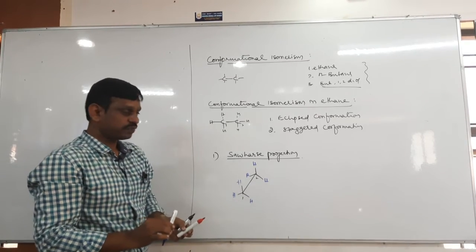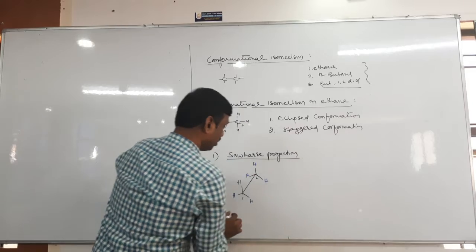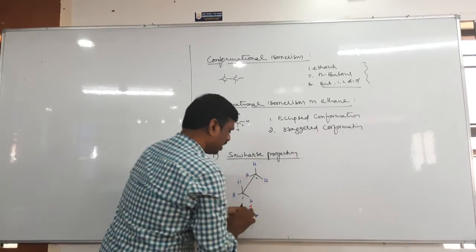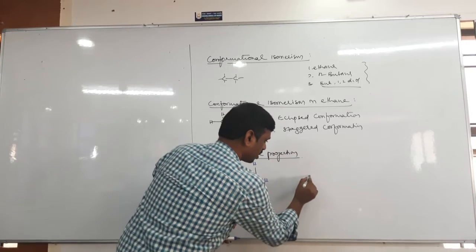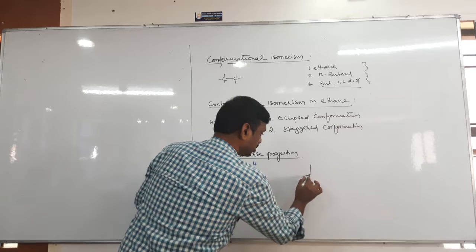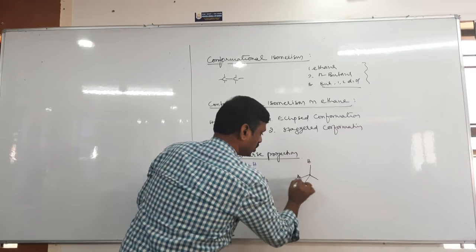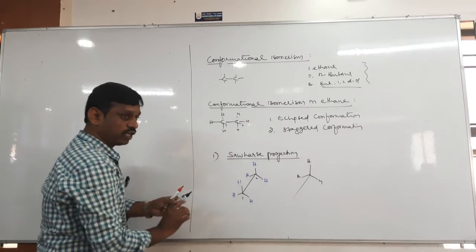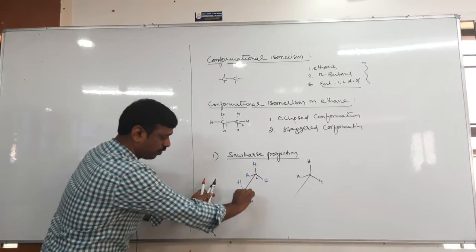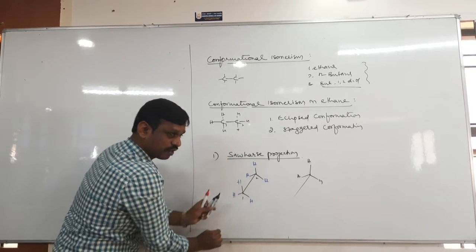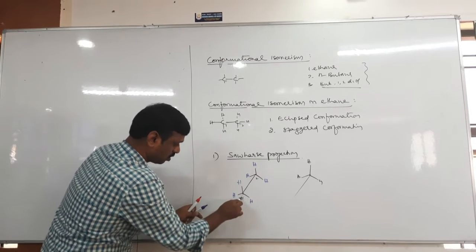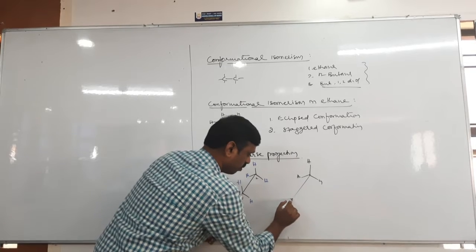This is eclipsed. Next, what is the staggered conformation in Sawhorse? The vertical line indicates the carbon-carbon single bond, same, and I keep this as it is. Then what I do is rotate this molecule by 60 degrees. If I rotate the molecule 60 degrees, where does it come? It will be like this.